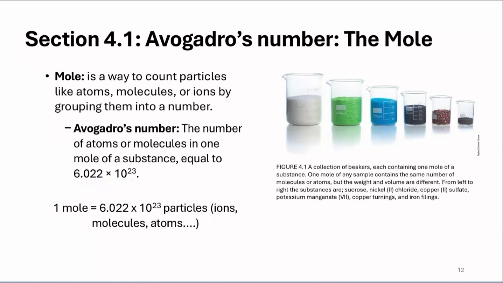So what that means is that in chemistry, when we have a mole of anything, of an element or a compound, this is going to equal 6.022 times 10 to the 23rd particles. It could be molecules or it could be atoms.